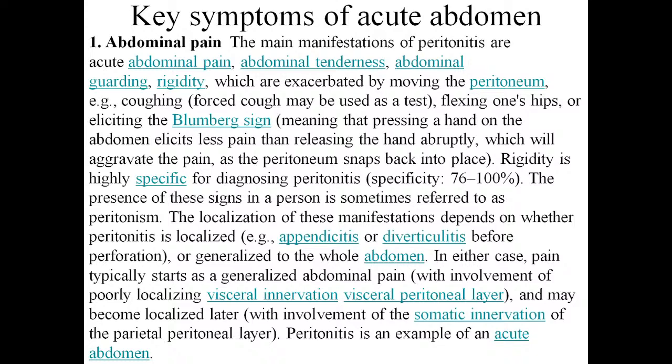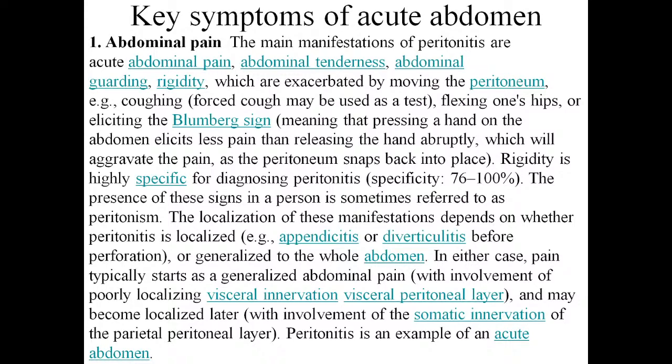Symptoms of acute abdomen, and the very important symptom is abdominal pain. The main manifestations of peritonitis are acute abdominal pain, abdominal tenderness, and abdominal guarding and rigidity, which are exacerbated by moving the peritoneum.